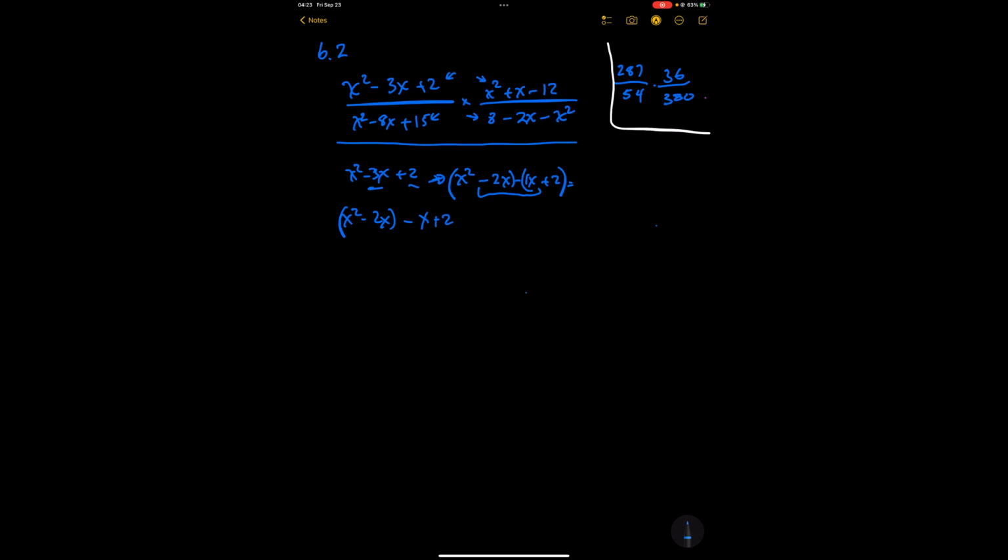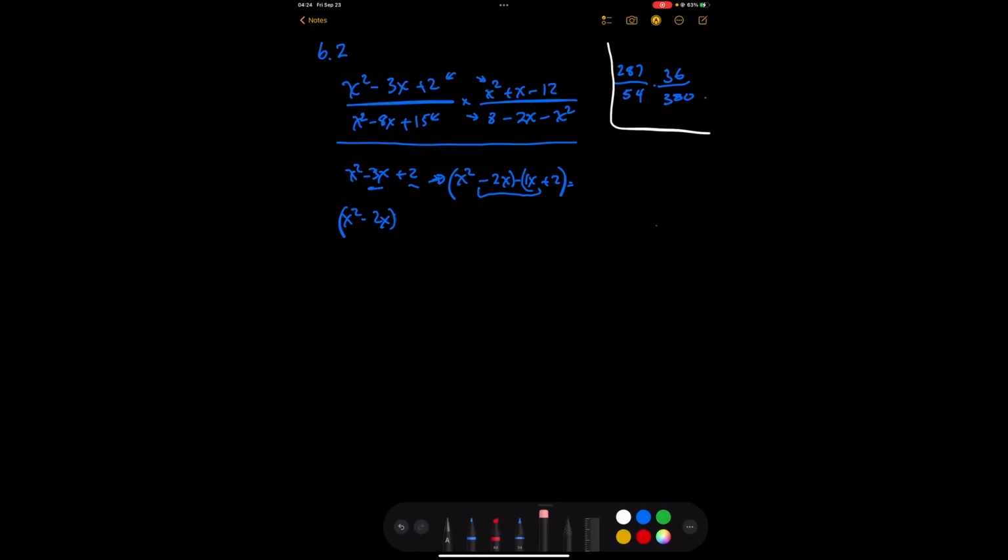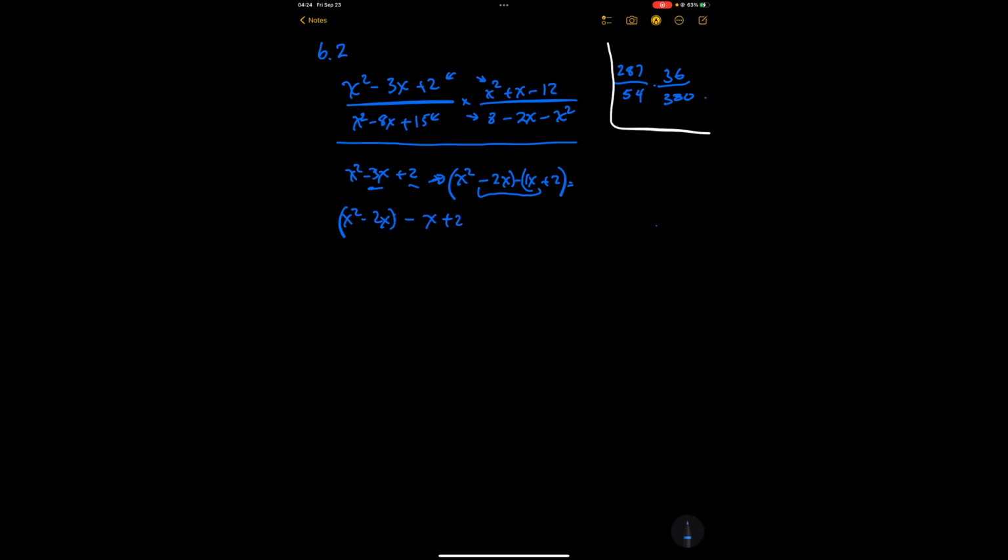So these are together, right? That's plus. These are already together, so there is nothing to do for that part. Now, minus x plus 2, and that's a plus. So what do I get now?